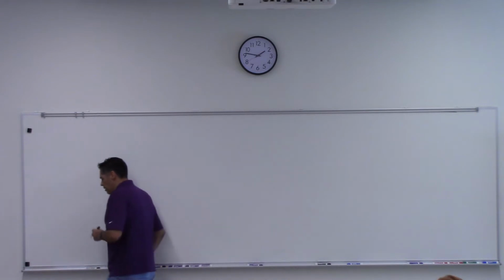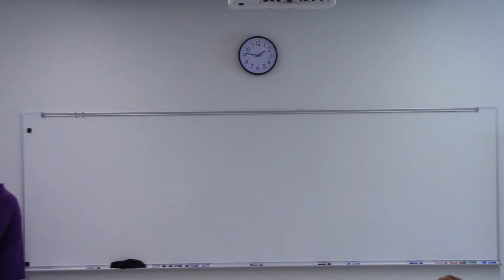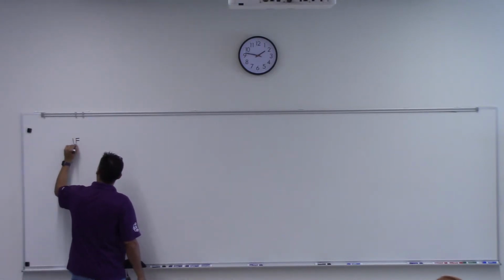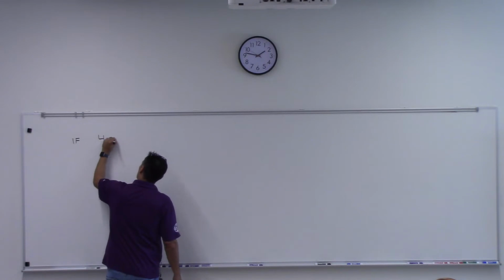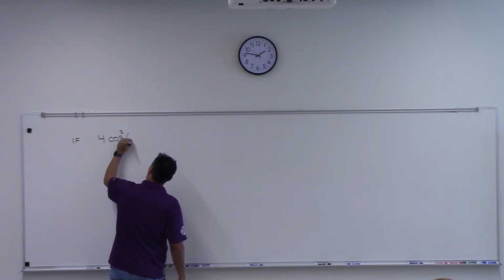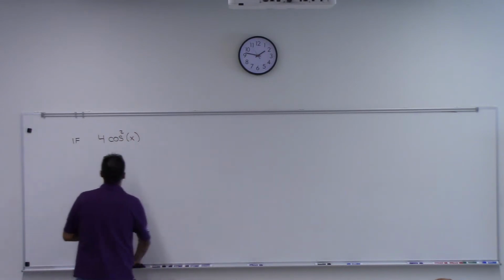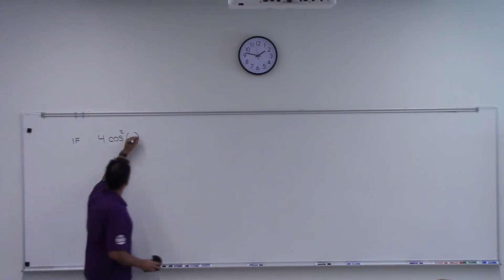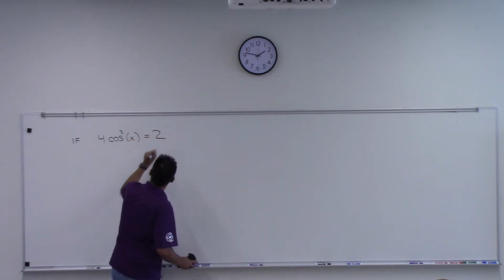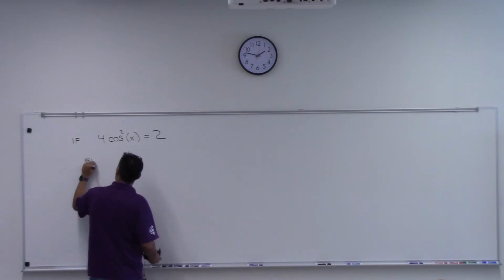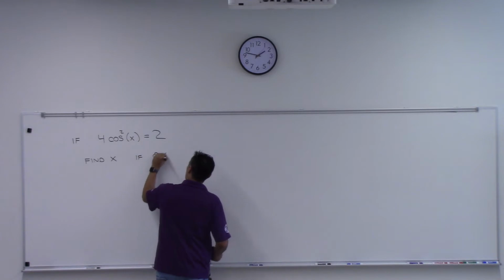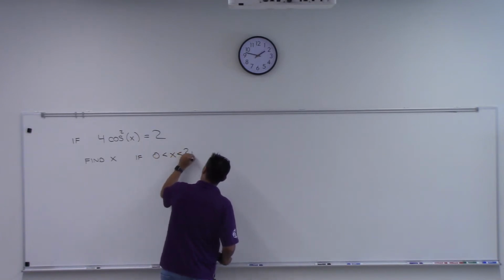What if I tell you that for cosine squared x, okay, so what I mean by this is a notation we technically haven't talked about yet, equals, find x if 0 is less than x is less than 2 pi.